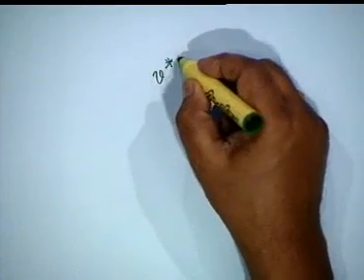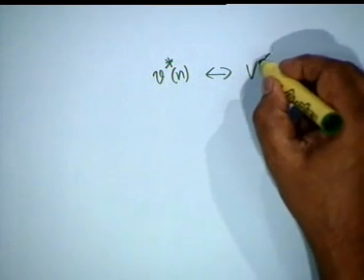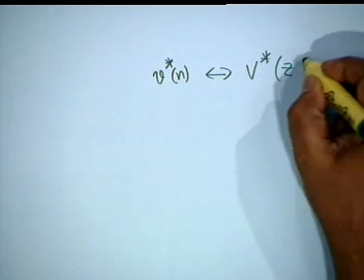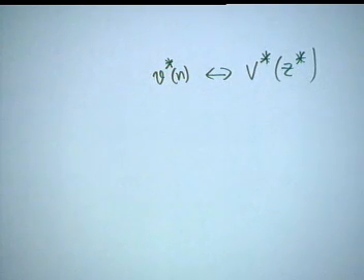We took several examples. One was to illustrate the fact that for v star of n, the Z transform is capital V star of z star, and the other one involved multiple poles, and we showed how to invert with multiple poles without differentiation.